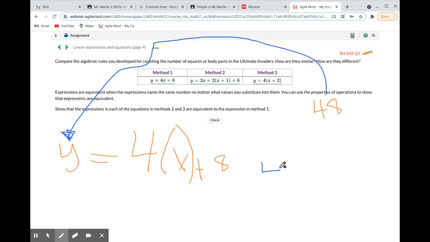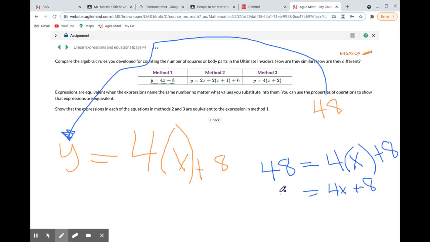48. Yeah. So we could write this as 48 equals 4 times x plus 8. We know that 4 times x is 4x, right? And so when we have this, how would I get 4x by itself so that I can solve for x here in a minute?